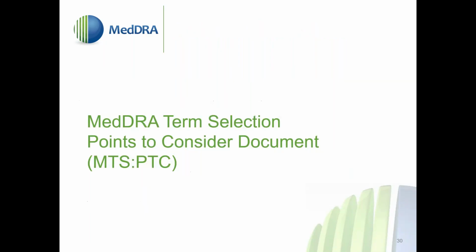So then let's have a look into this ICH guidance document for our topic today that is called MedDRA Term Selection Points to Consider document. With this document, you do not have to start with your in-house coding conventions from scratch, but you can take the guidance document as the basis for your own coding rules.